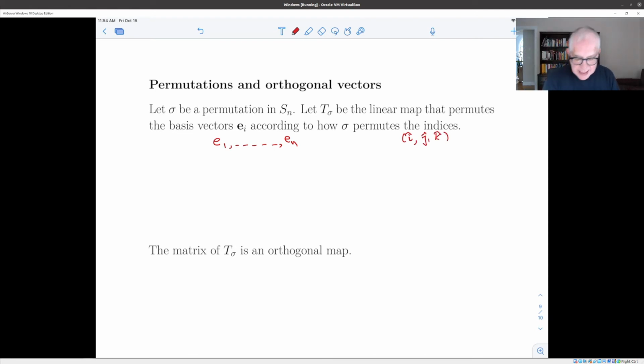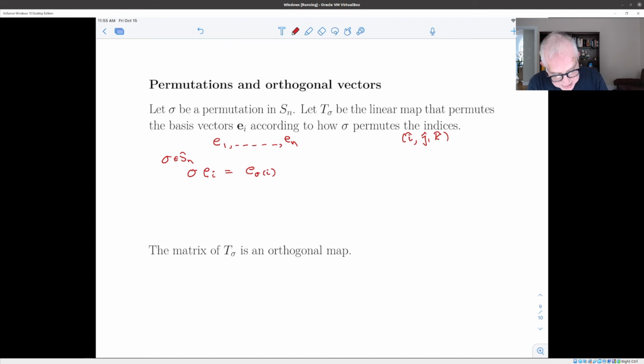And suppose we take a permutation in Sn and we think of it as rearranging the basis vectors. Sigma takes ei to e sigma of i. The way to think of that is that sigma acts on the indices 1 up to n.